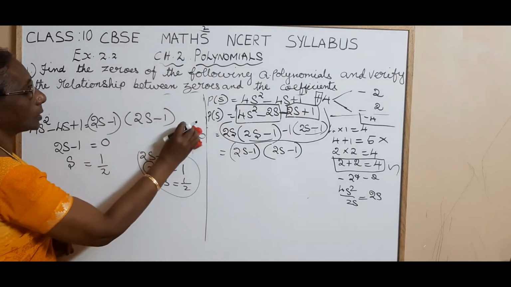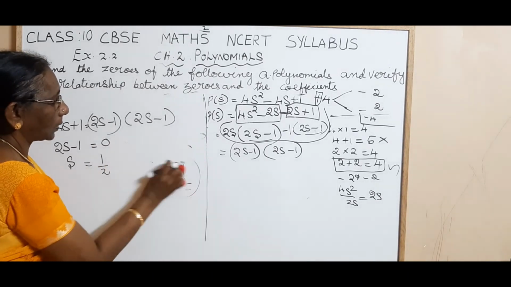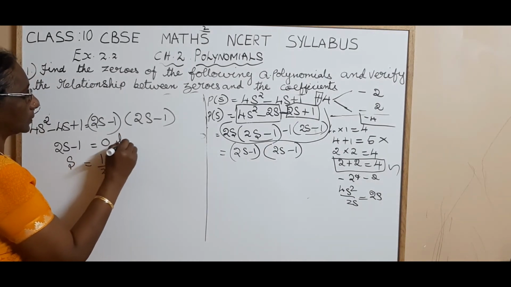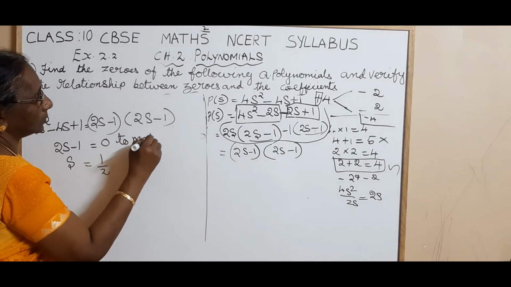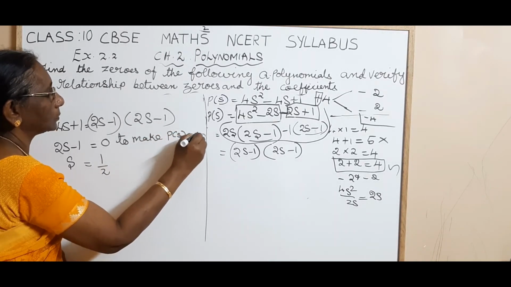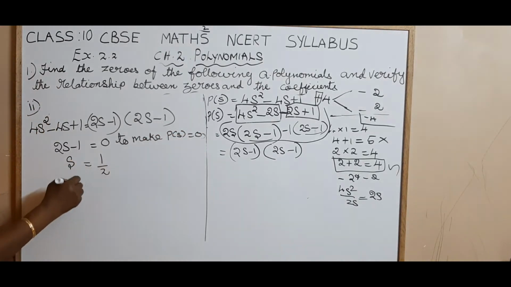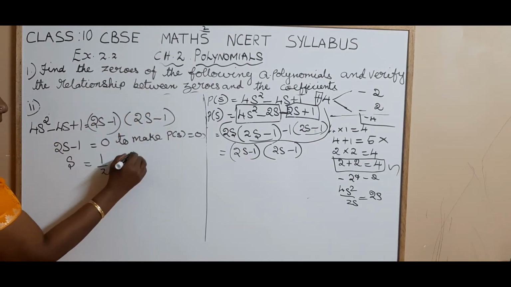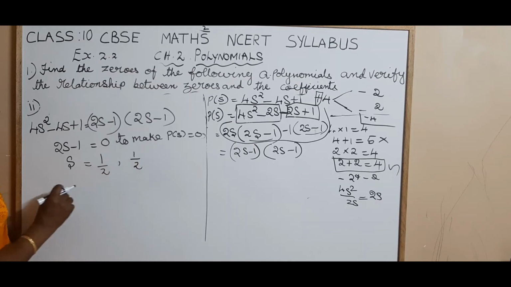So the zeros are, again here also the same thing, half and half.